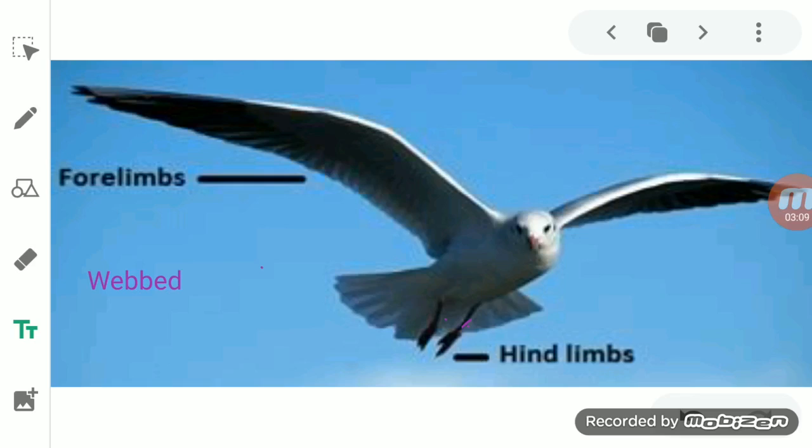What they do is push the water backward with their hind limbs, and due to which they are able to move forward. So here also you can see that a backward force is applied by the duck, due to which they are able to move forward.